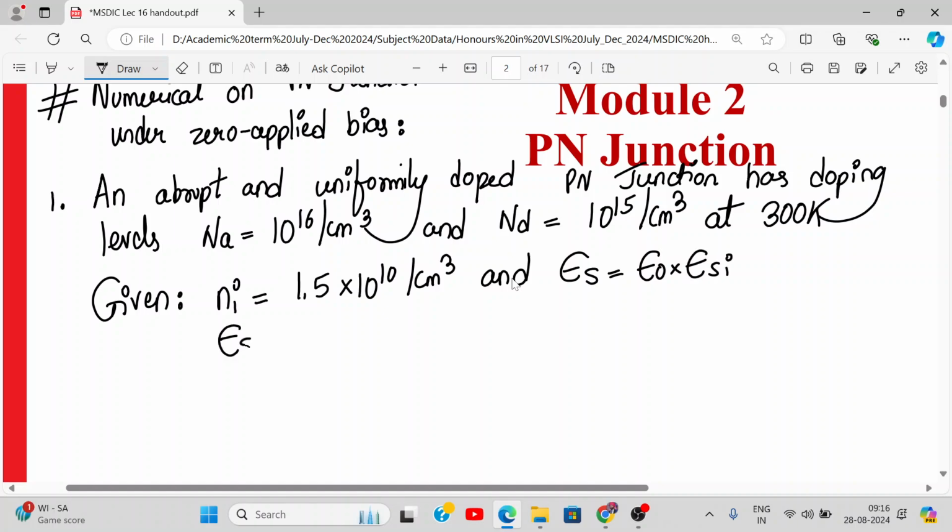So permittivity of silicon is given as 11.7 and epsilon naught is 8.854 into 10 raised to minus 14.